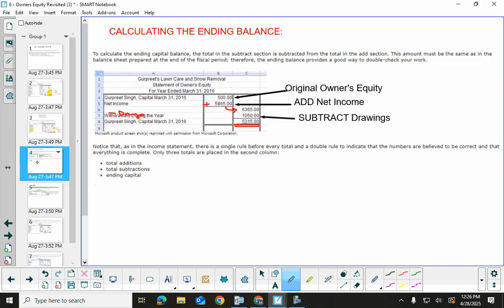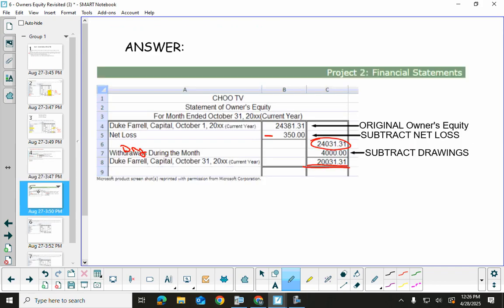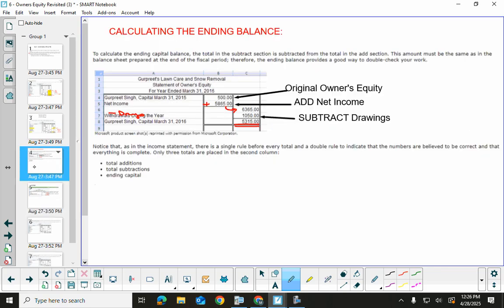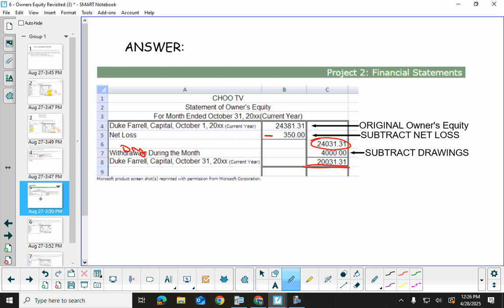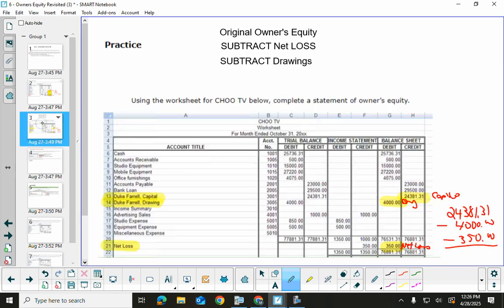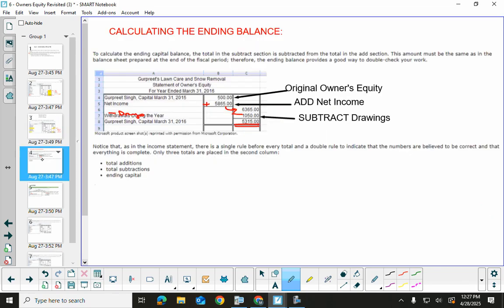The drawings always go in the second column, and then you always finish by subtracting, because it's drawings. This is how we formally write it out. This is just doing the calculation off to the side, but essentially this informal answer and this answer should be the same.